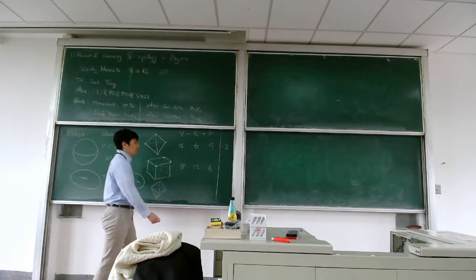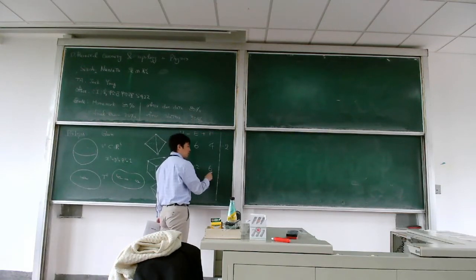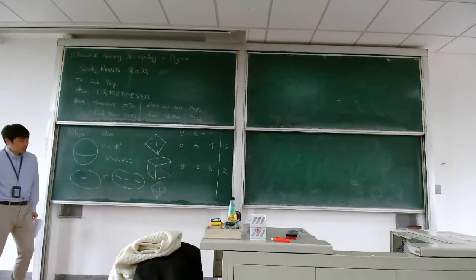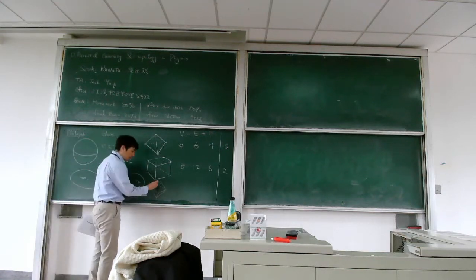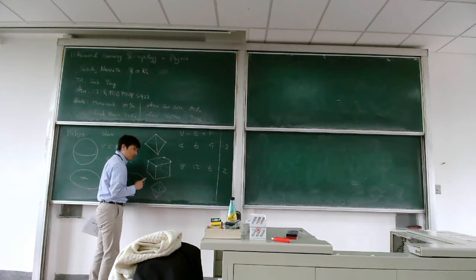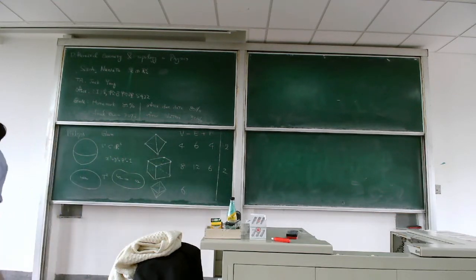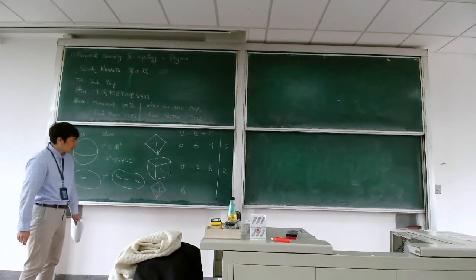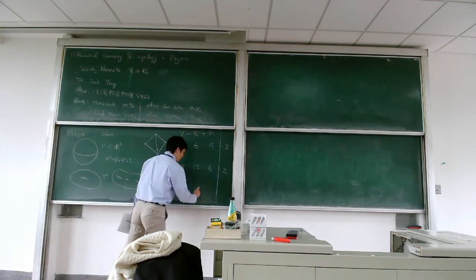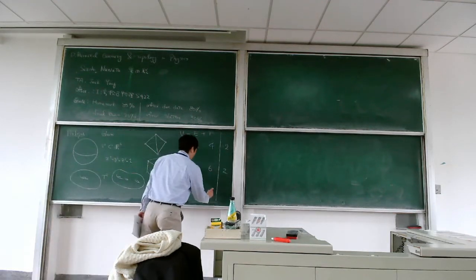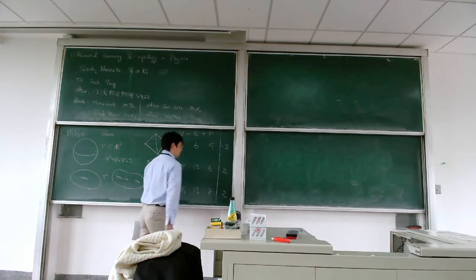What you get is 8 minus 12 plus 6 is 2. Let's do the next exercise. How many vertices? 6. How many edges? 12. And how many faces? 8. Good. And in total it's 2.